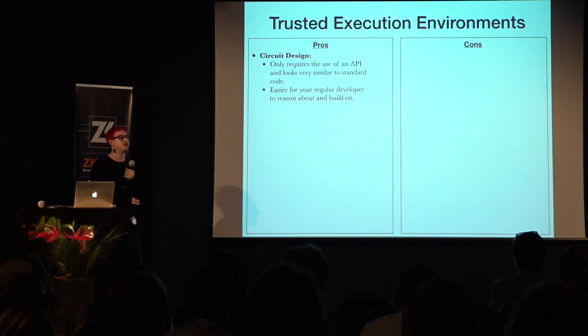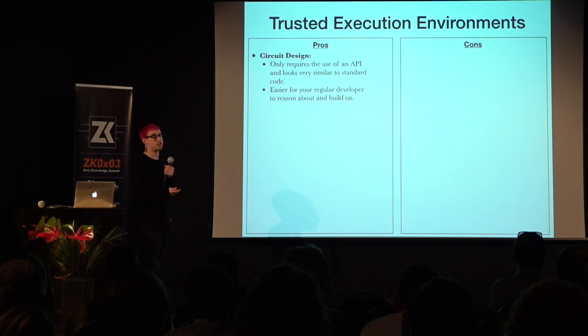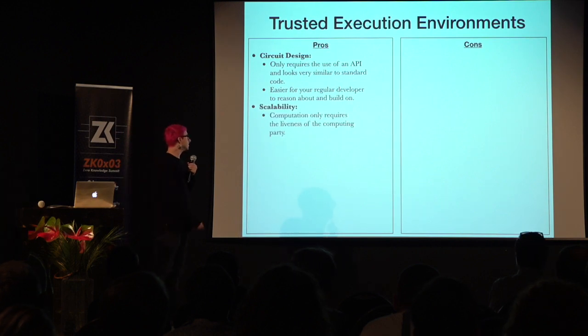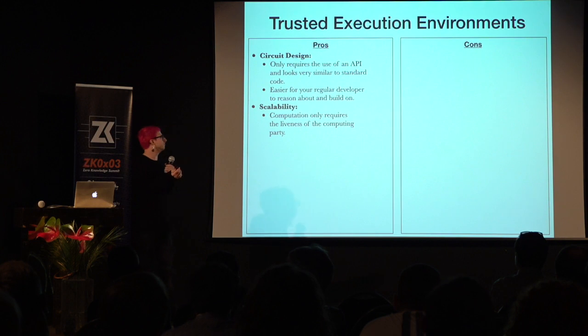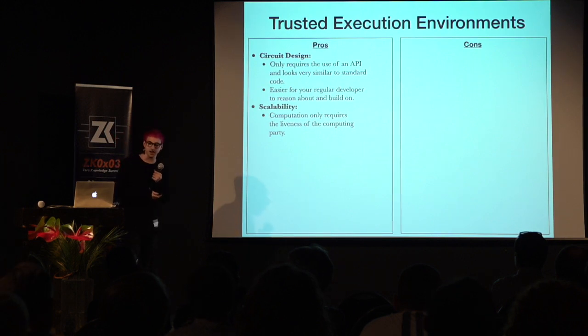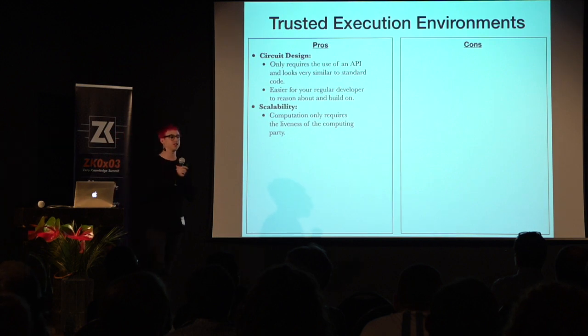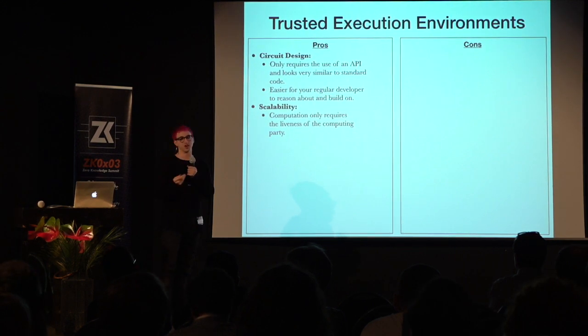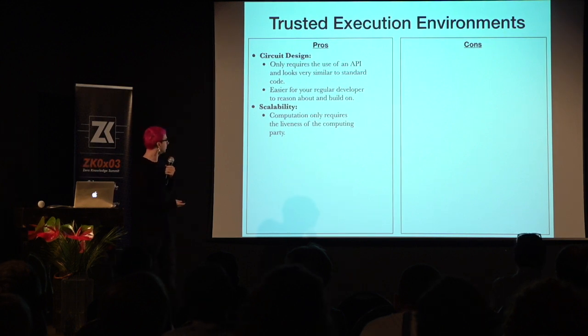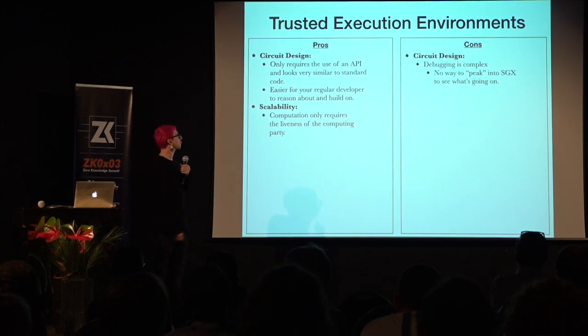It's easier for your regular developer to look at, reason about, and build on. Scalability: computation only requires the liveness of the computing party, really. So you can encrypt some data, send it to the computer that you want to compute on, and it can perform some computation inside this environment. There is also some network latency there, but we'll dive into that soon.